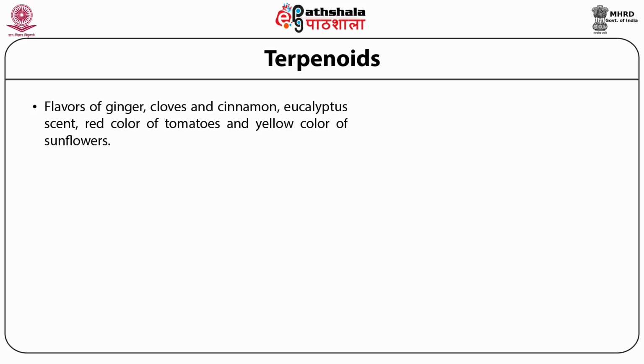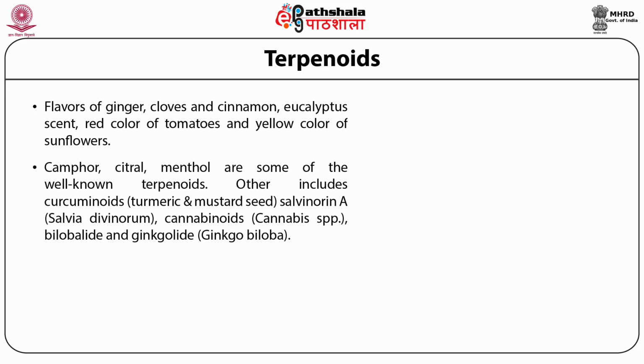Camphor, citral, menthol are some of the well-known terpenoids bearing household importance and other useful uses.